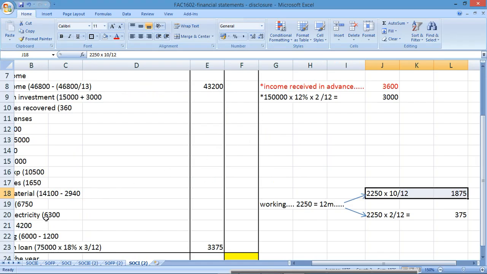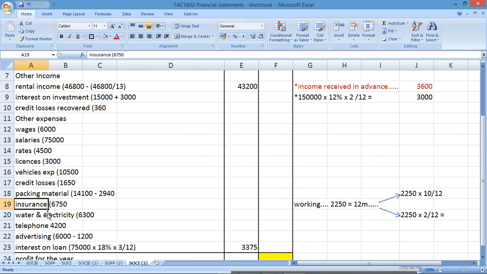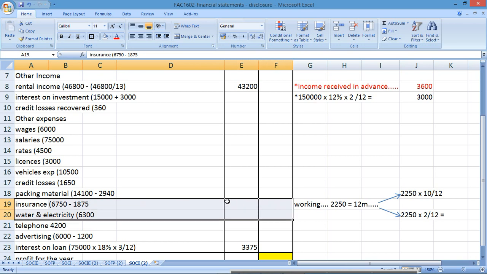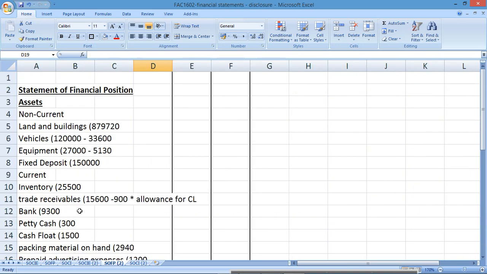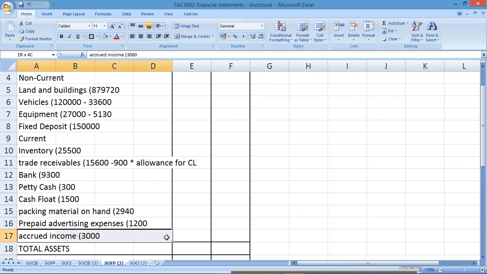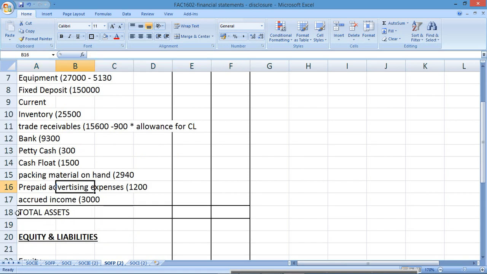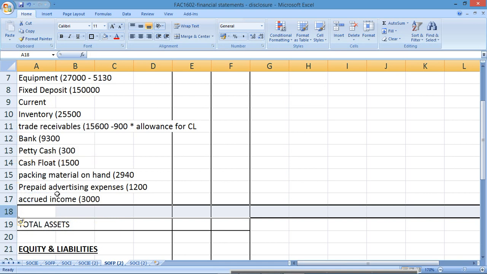Exactly. Where's insurance? There's insurance. What is the amount? It is 1875. Right, and where else am I going to show the 1875? Why, it will be prepaid expense. You have to show so much here.